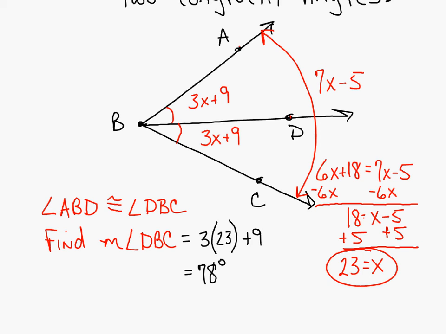All right, your assignment for today is going to start on page 41, 24 through 28. And then on the next page, up on the top, it says to copy the diagram, extend the ray, classify each angle as right, acute, or obtuse, and then use a protractor.